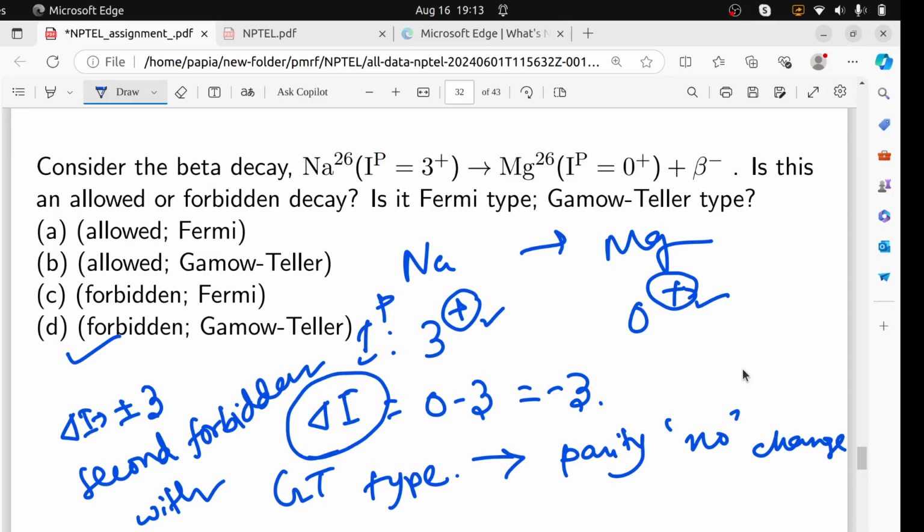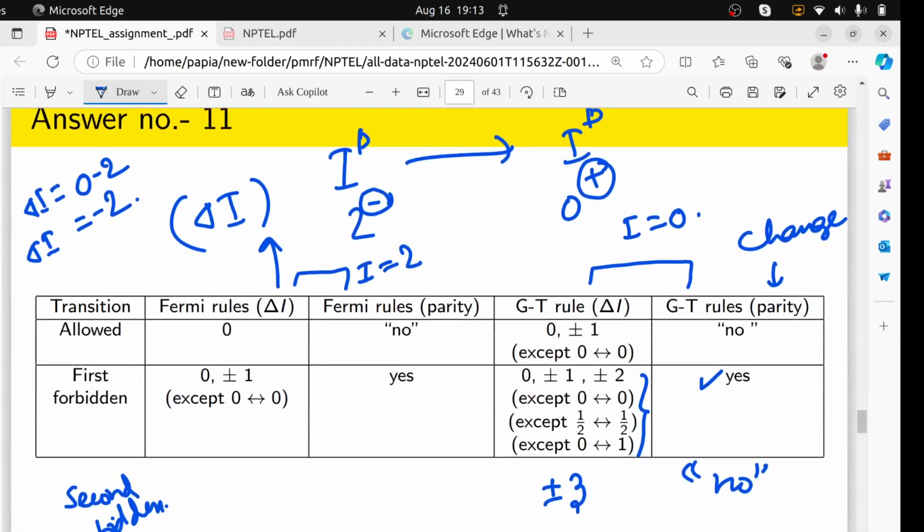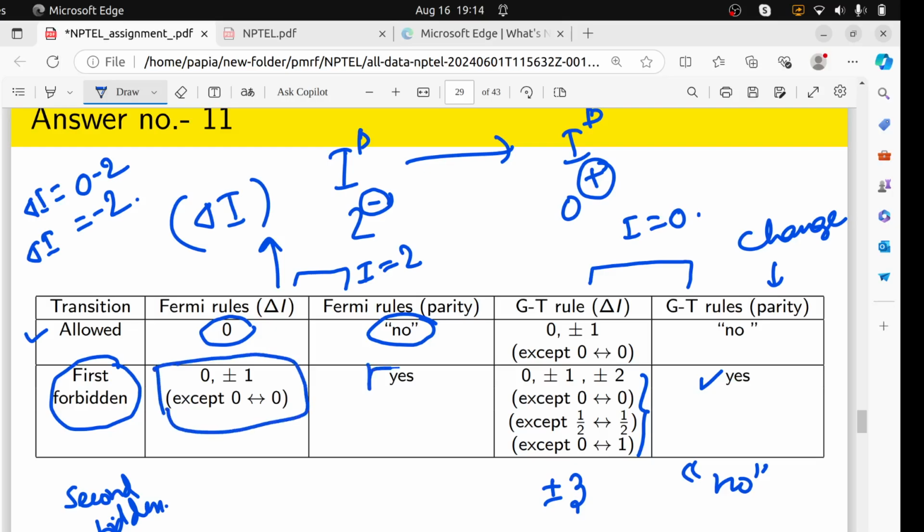Okay, so the table says that if allowed in Fermi rule, that means this one should be satisfied as well as this one should be satisfied. If first forbidden is there under Fermi rules, this one should be satisfied, this one should be satisfied simultaneously.